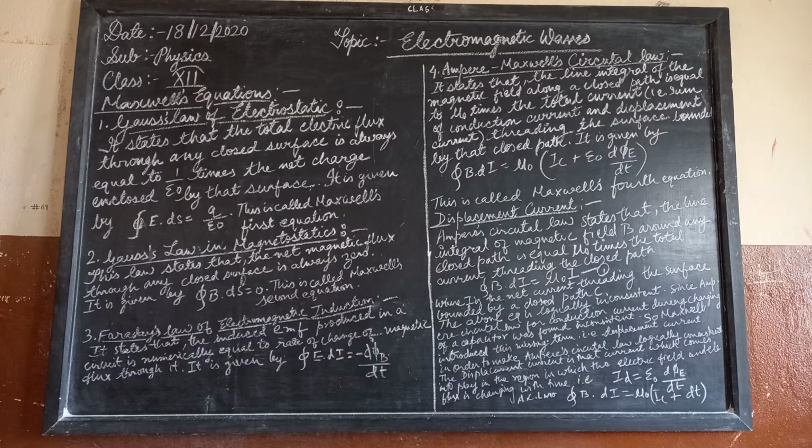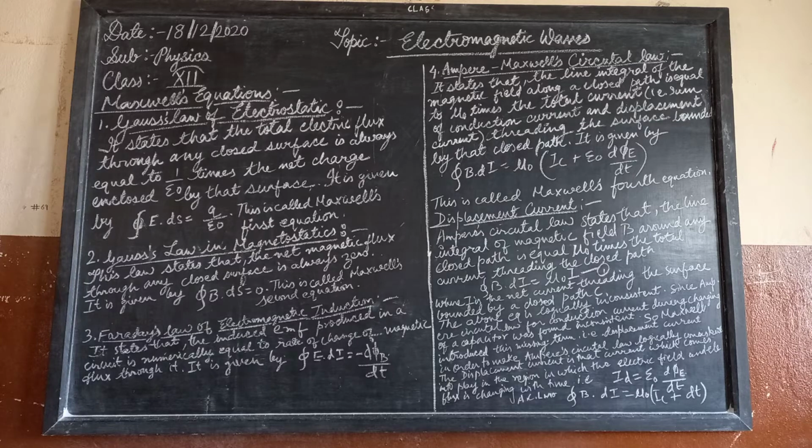The conduction current during charging of a capacitor was found inconsistent, and so Maxwell introduced this missing term, which is called the displacement current, in Ampere's circuital law, which makes the equation logically consistent. So he changed this law and added the electric field and electric flux changing with time in order to make Ampere's circuital law more logical.